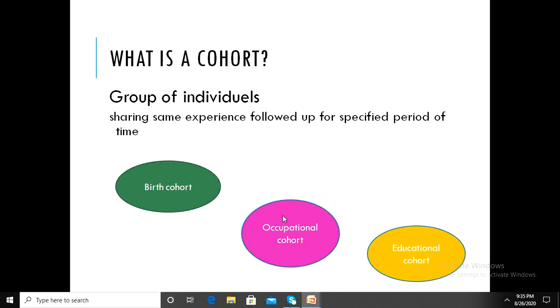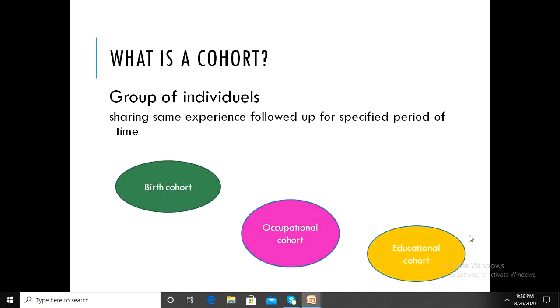I will identify a cohort of healthy people who are currently working in the Bata factory, and they are involved in the handling of leather. I will divide them into two groups: those who are directly involved in the handling of leather, and those who are not. Then I will follow them over a period of 2 or 3 years, depending upon the outcome of interest, and see the number of cases of anthrax which developed in the exposed group, and the number which developed in the non-exposed group.